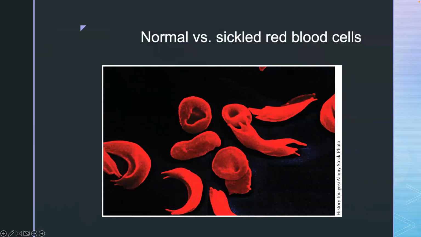There are some effective treatments on the market that can help to reduce symptoms of sickle cell and help to prolong life. And there's currently a ton of research and clinical trials going on to try to find a better cure for sickle cell.